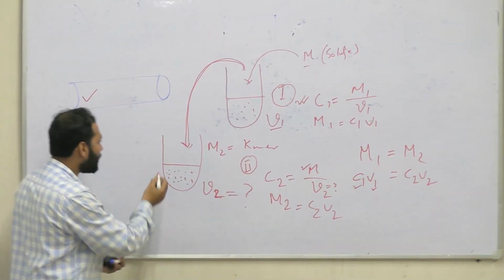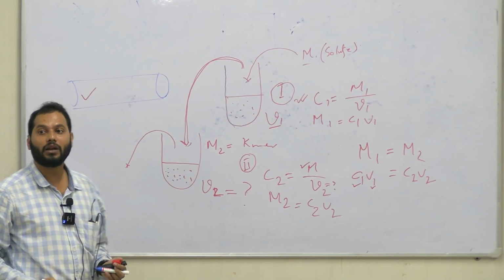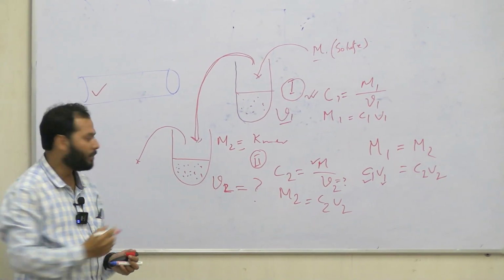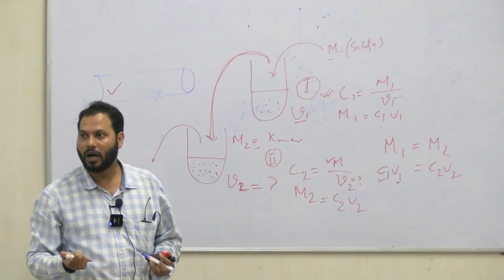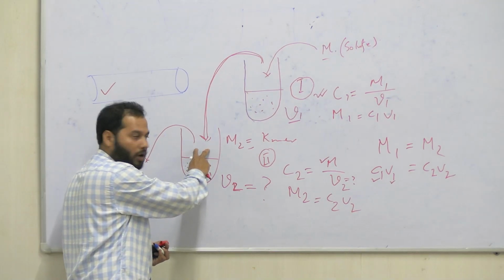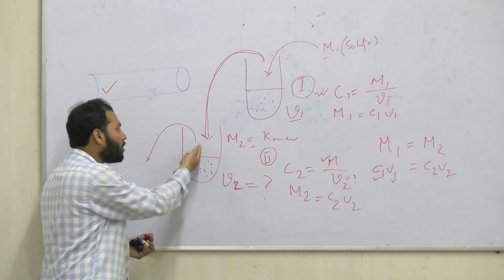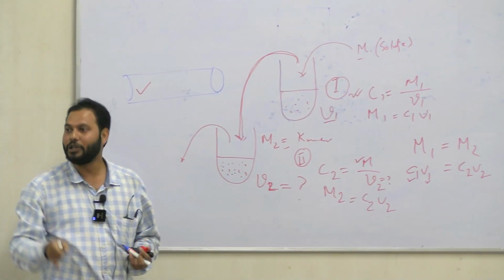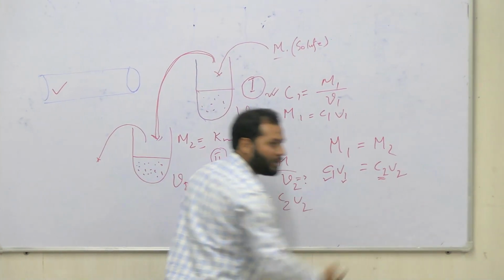Now we have estimated the concentration of that particular dye present in the second tube. It means in the lab we can easily determine the concentration of a particular solution where the mass is known, right? If we take a certain amount of sample from this tube in the lab, we can easily determine the concentration. So the concentration here is known.